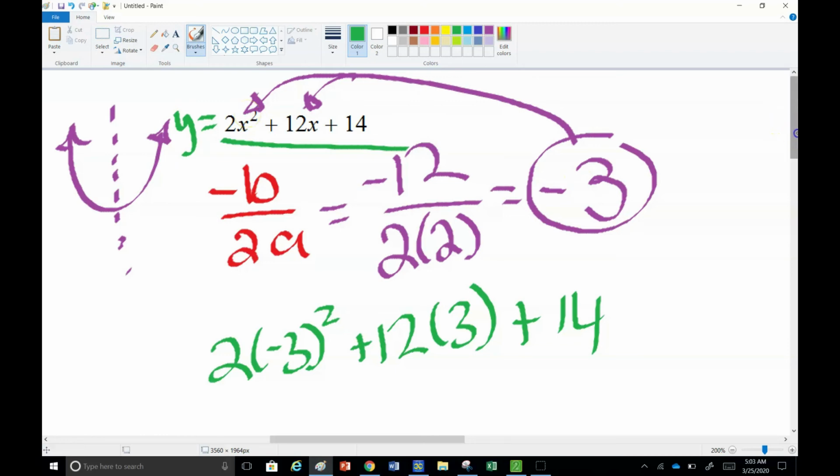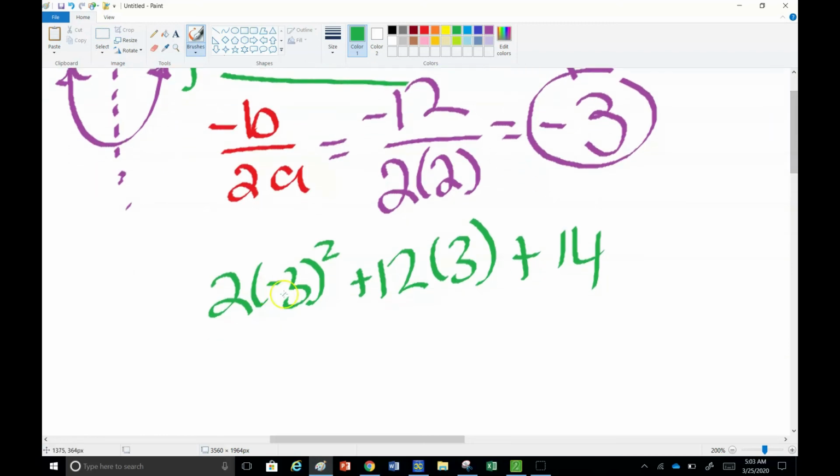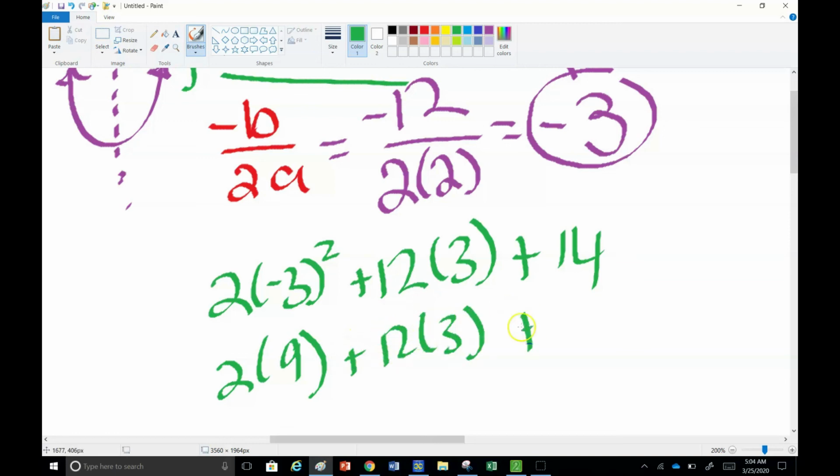Just put this in your calculator, or if you're on the non-calculator version of a test, just work this out and it will give you the y value of the vertex. So this would be 2 times 9 plus 12 times negative 3 plus 14.